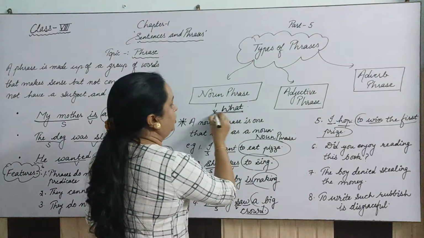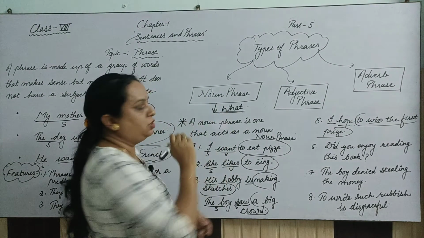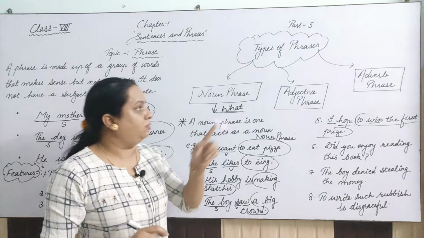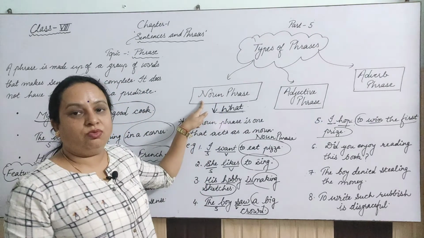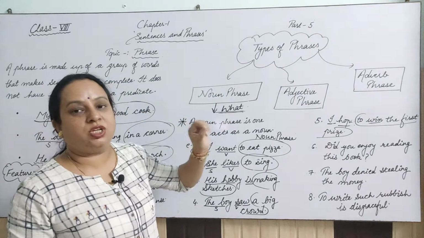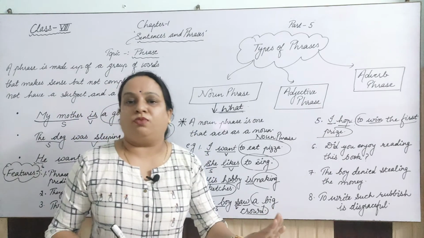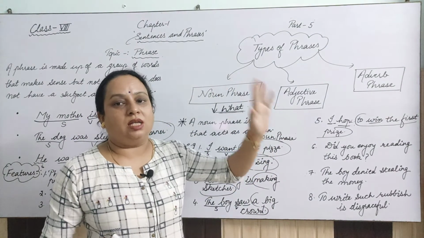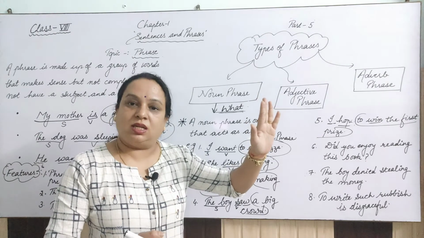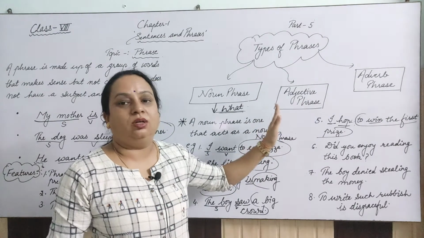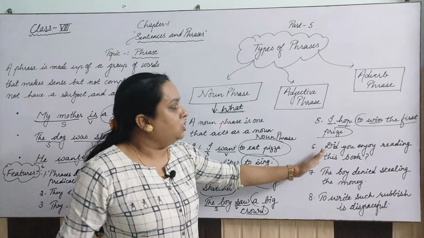So this what will help you actually. You have to remember always, when you have to get this noun phrase, you have to frame the question with what. If you are able to frame the question with what and the answer is answering that what, so that is what? Noun phrase.